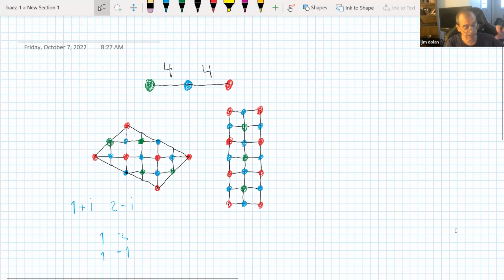I guess it acts by something that's linear over Z mod 3. But I'm guessing that it doesn't act in a very visually obvious way; it shuffles things around in a funny way. And so it's going to shuffle this parallelogram shape around and it's going to become a different parallelogram.